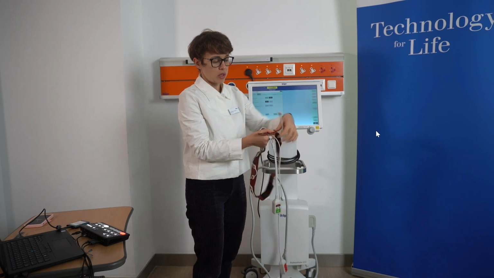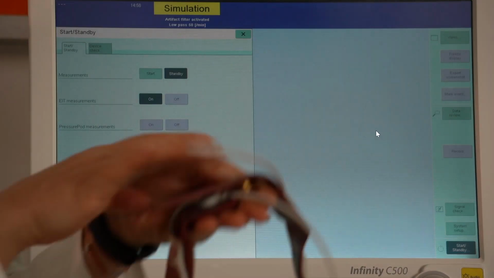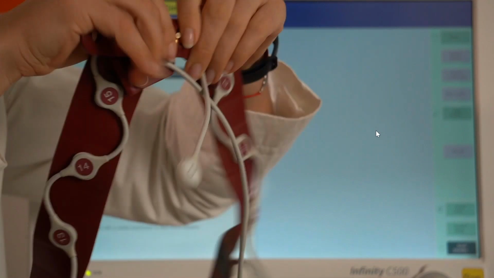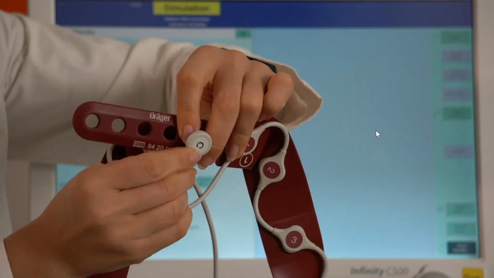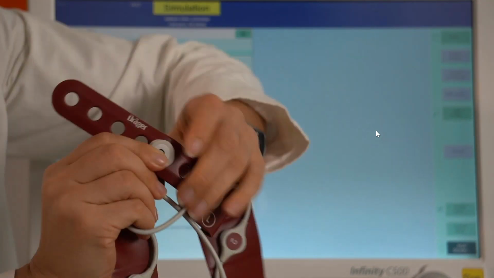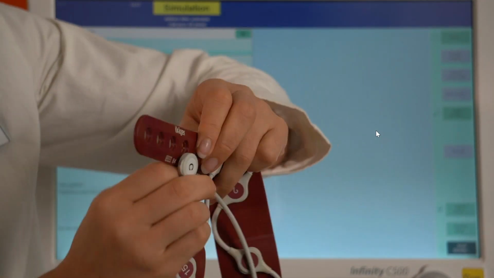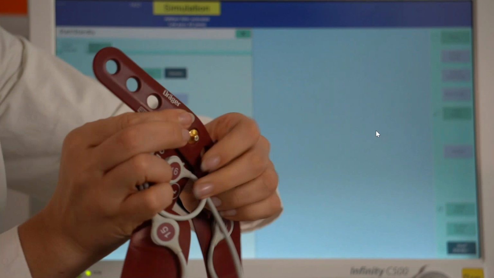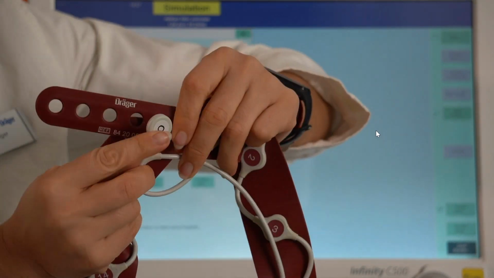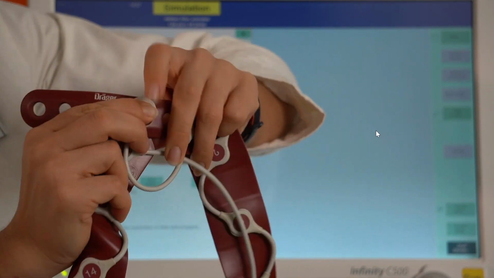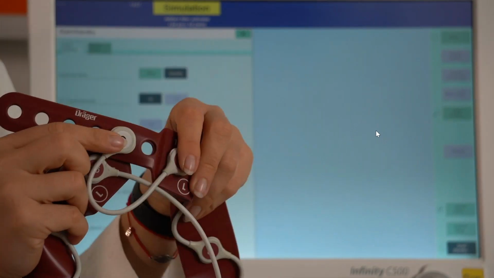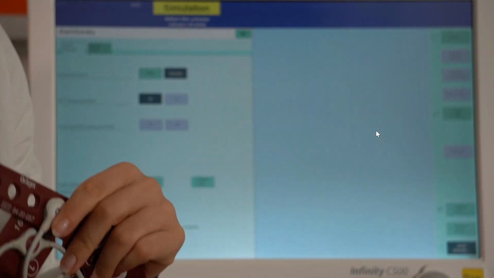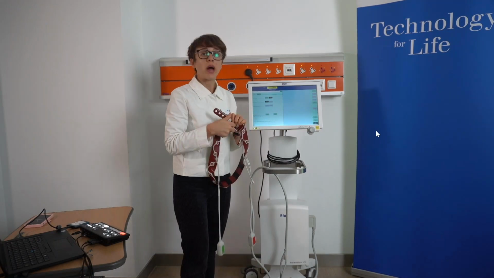I can demonstrate this to you again. You close the belt, and then you use the closing electrodes to ensure that all the electrodes are connected. So that's one way of how you can position.